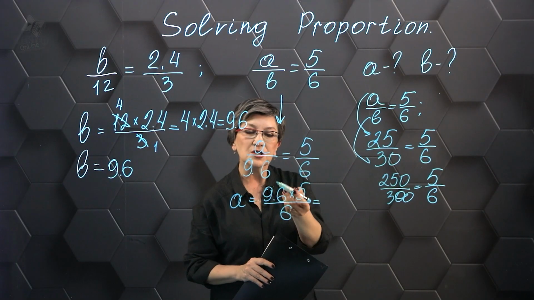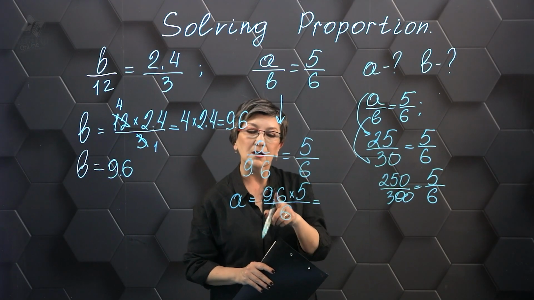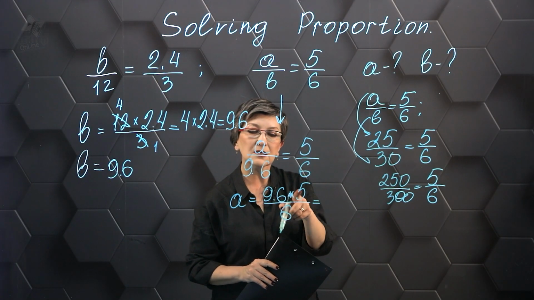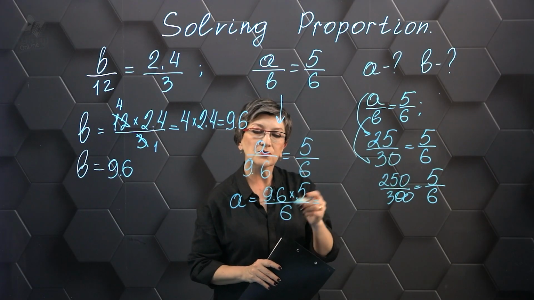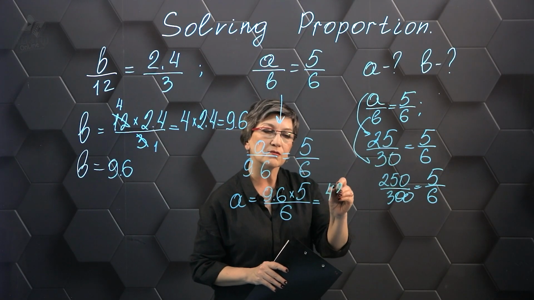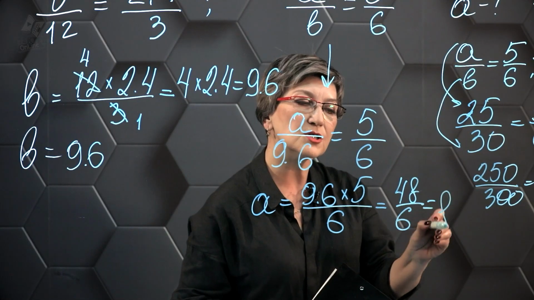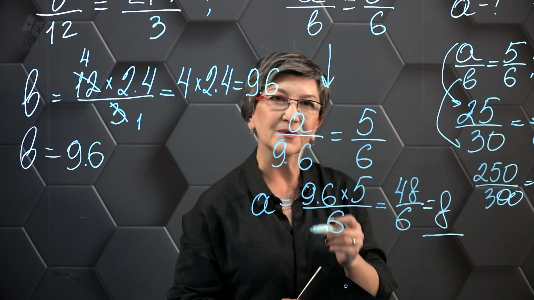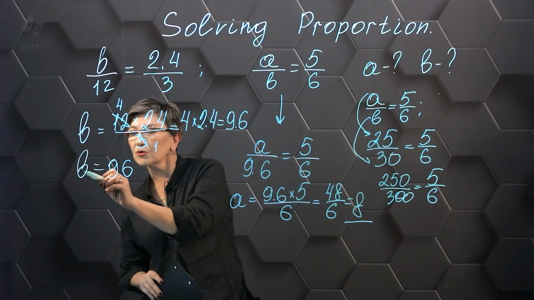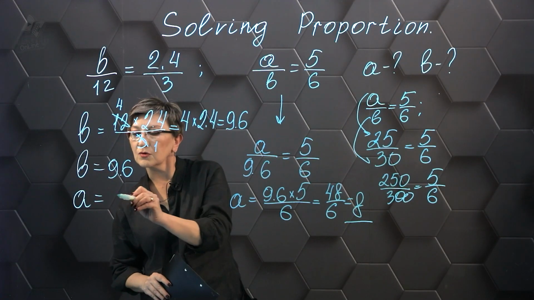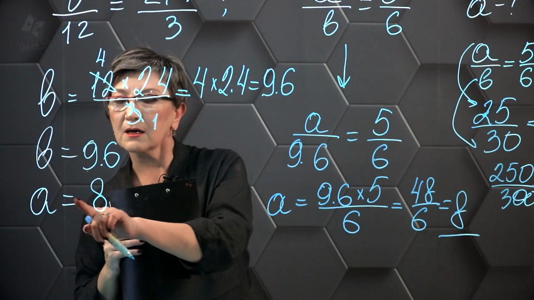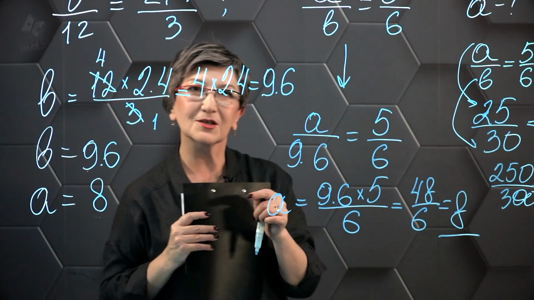We can reduce the numerator and denominator, but let's multiply 9 whole 6/10 by 5. The result is 48. 48 divided by 6 is 8. So let's write down that the value of a is 8. A equals 8 and b equals 9.6.